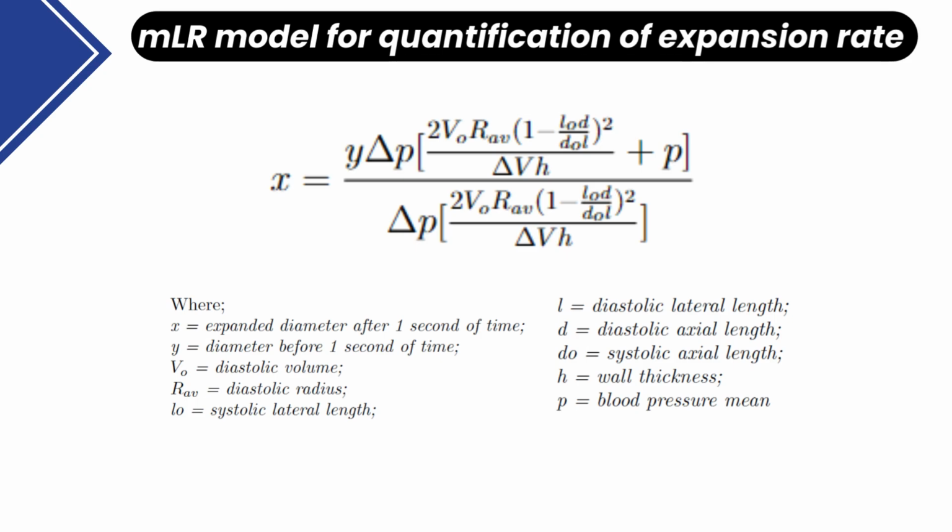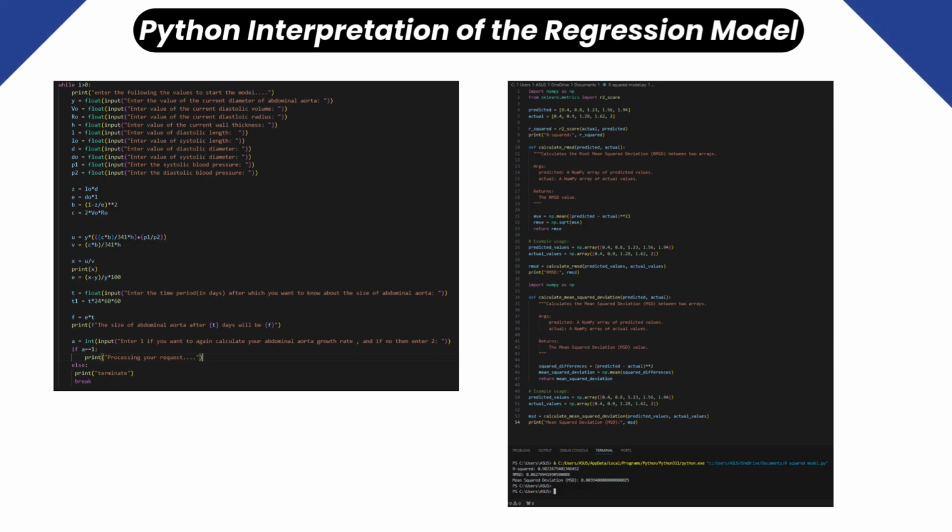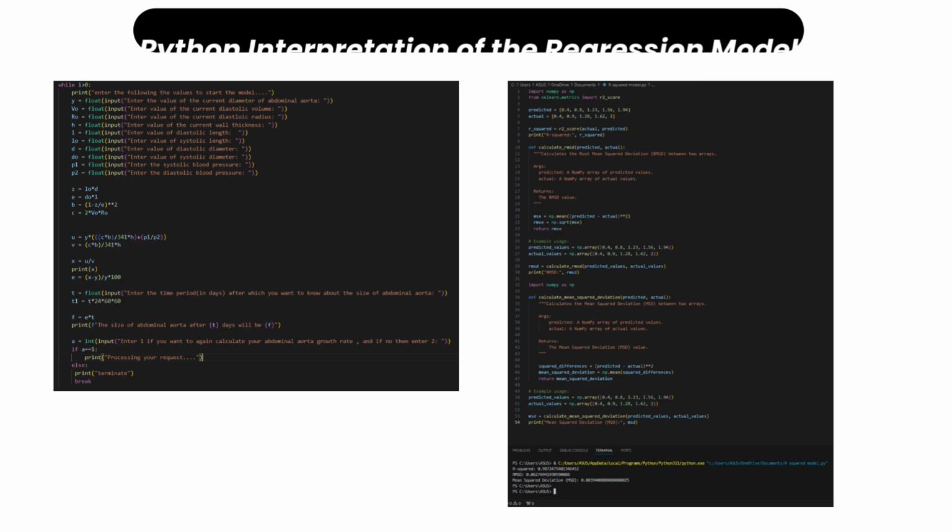Using this mathematical model, I made a very simple Python code that inputs the geometrical variables of the abdominal aorta acquired from the VMTK processing, and then solves the model to give the expanded size of the abdominal aorta after the user-defined time.